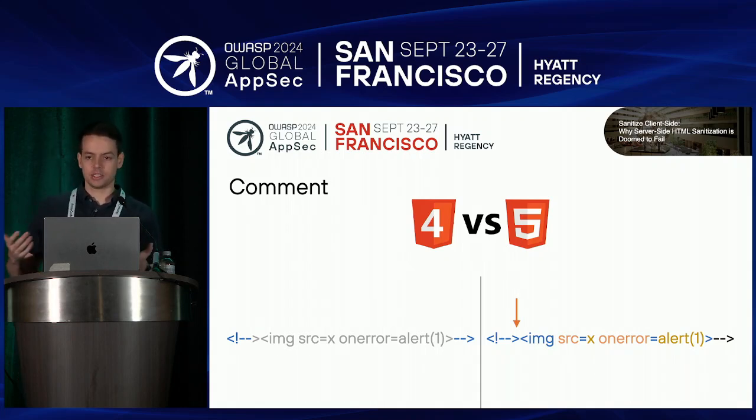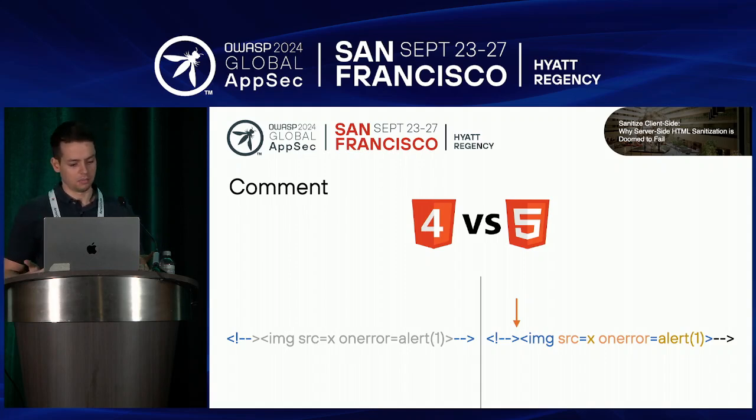So a sanitizer that parses with a built-in PHP parser basically got the DOM tree object, and they saw only a comment. They didn't see anything malicious here, so they didn't delete anything. But then when they pass it along to the browser, suddenly the browser ended the comment there, and we have an image element that wasn't here before, and that way we can bypass it.